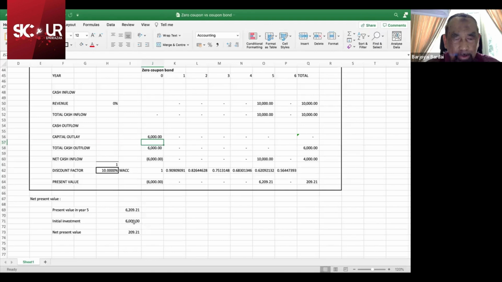To find the IRR, you just vary this so that you get zero net present value. 10.76. Yeah, it's still negative, so it's slightly less than that.